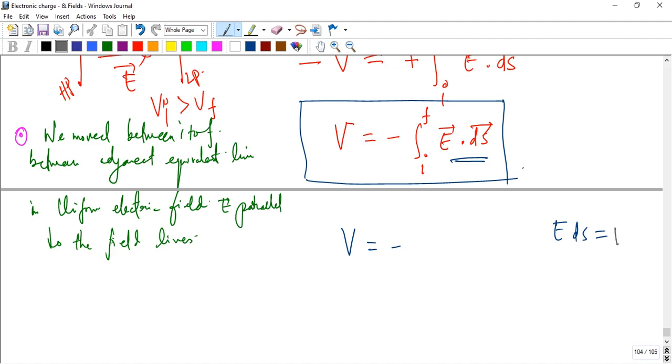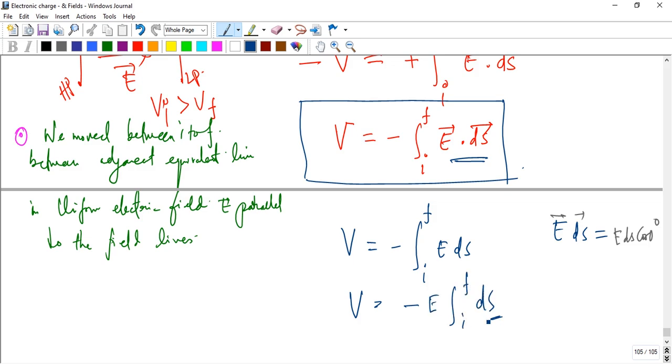So E ds cos theta, and theta is 0 degrees, so cos 0 is 1. So E ds. So we get minus the integral from I to F of E ds, and V equals minus E times the integral from I to F of ds.